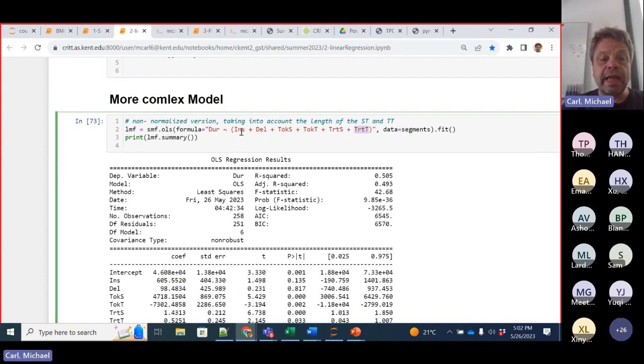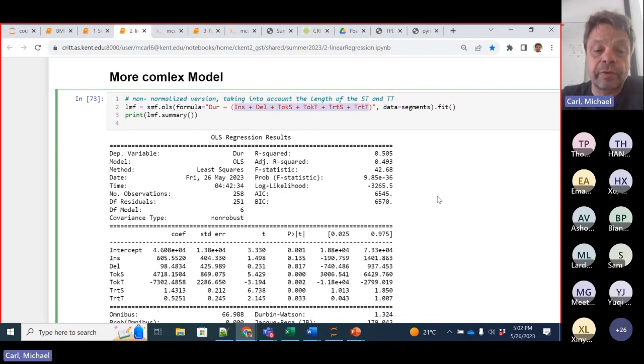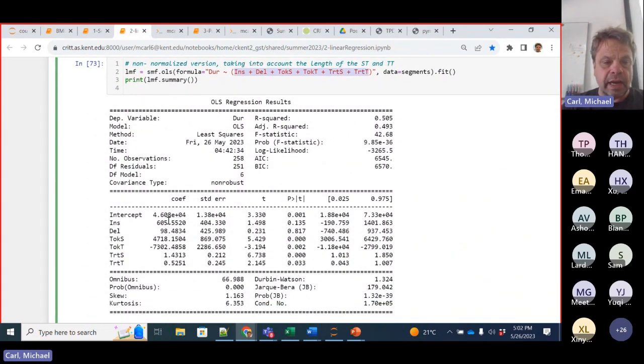Okay, so instead of normalizing these values, we can just take all these variables that potentially would be used for normalization and put them in as predictor variables. And then the system will figure out by itself which of those variables is the most significant. And here again, in this analysis, we have an intercept and so on, which is now almost 50 seconds.